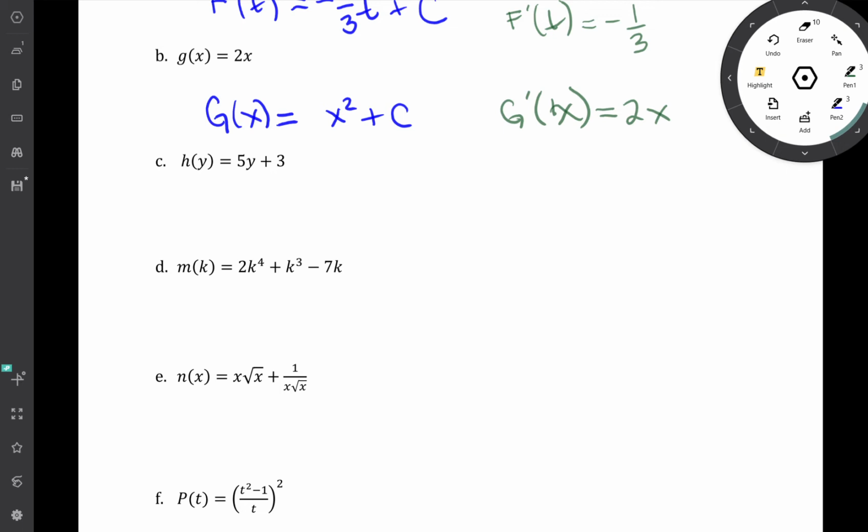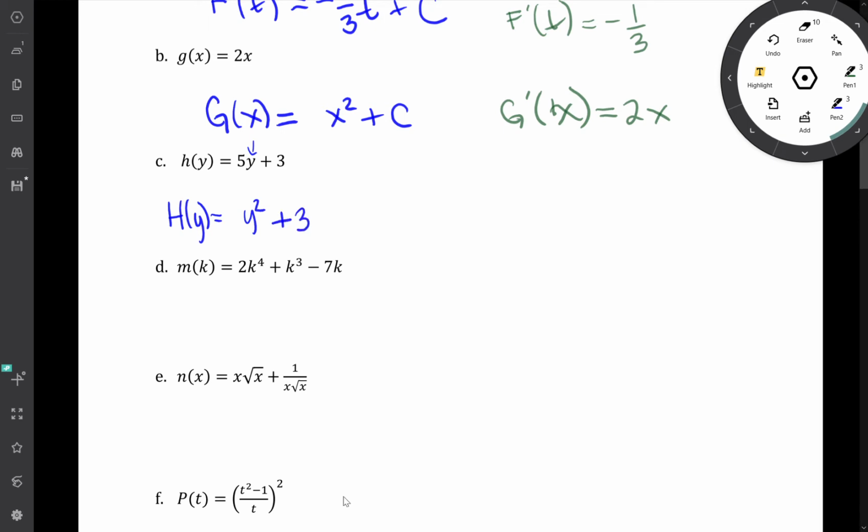C is somewhat similar. I'm starting off with this y to the first power right here. So I'm going to guess that I want to see a y to the second power, but I'm sure you can imagine that if 2x wanted a plain old x squared, a 5y probably isn't going to work from just a plain old y squared. You can still use that as a starting guess.